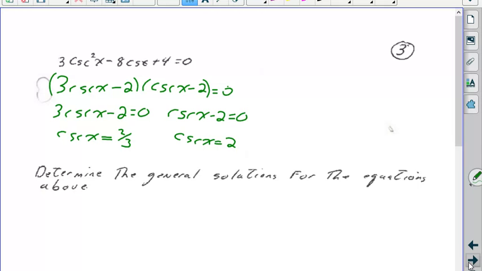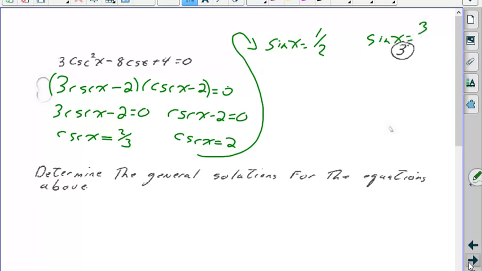Now, that might be a little hard to see, but we are able to do this one without turning it into sine. Cosecant is hypotenuse over opposite. But we are not able to do this one. So we have sine x equals 1/2 here, and we have sine x is equal to 3/2 here. I'll talk about it in a second.